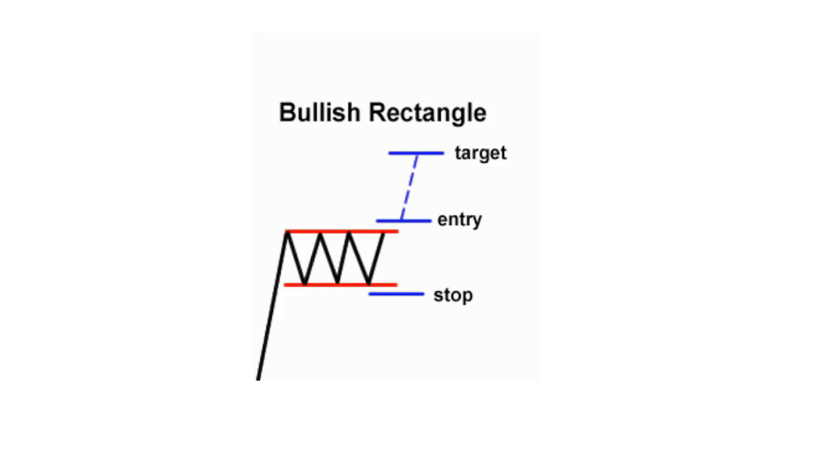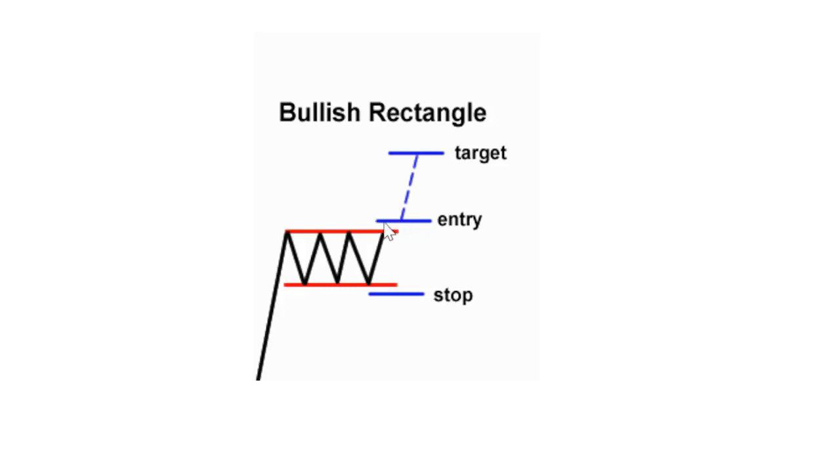So first of all, this pattern occurs in an uptrend. We see the price moving towards this level here, and we have a consolidation where the price is moving towards forming this rectangle shape here, and once the price breaks through this line here, you can place your entry.